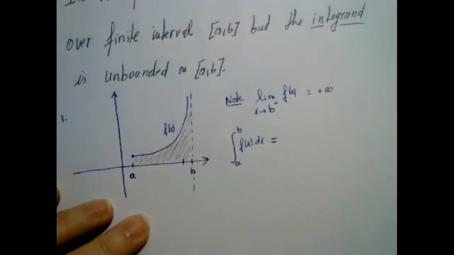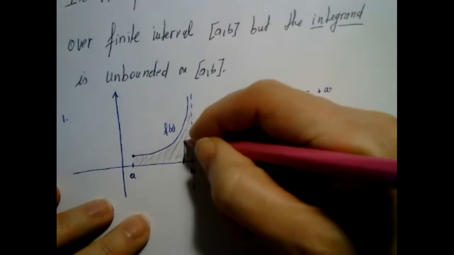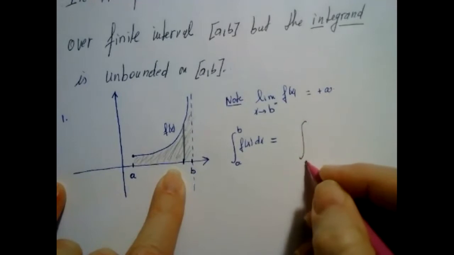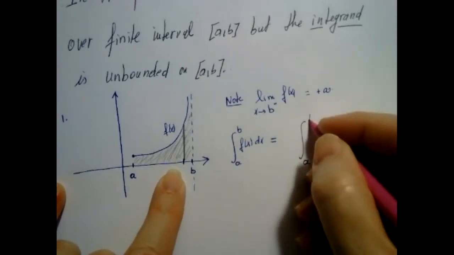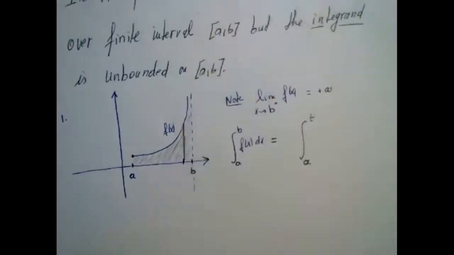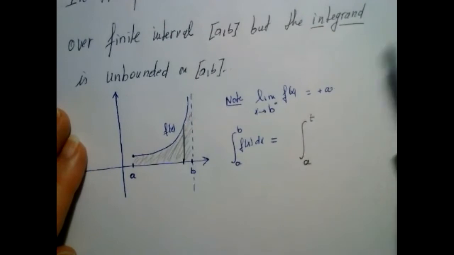We're going to do the same thing we did actually yesterday. We compute the definite integral up to t, so we compute the integral from a to t. Up to here, the function is well behaved, so we can use the notion of definite integral of f of x dx.